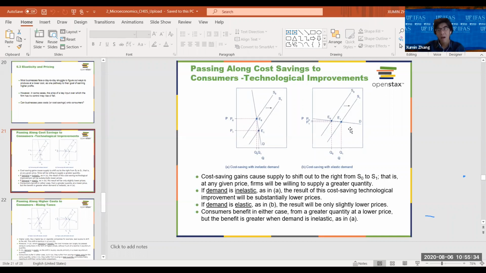But in the opposite case, if they are facing a very elastic demand curve, and they shift the supply curve to the right, then the quantity increases a lot, but the price decreases just a little bit. So in this case, they are better off, right? Because their total revenue is increased. In graph B, you can see that the company can actually pass the cost on to the consumer.